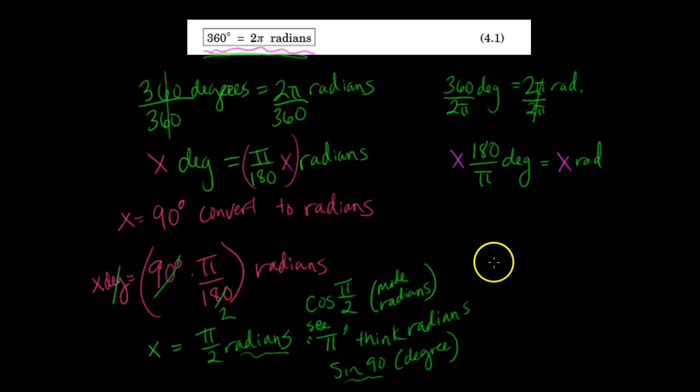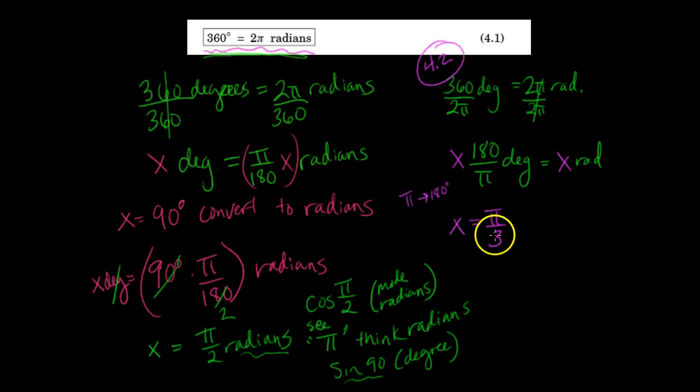If I wanted to convert something, let's do a different one. Let's do pi over 3, and you can guess what a third is. If you know that pi is 180 degrees, just think about that. What is a third of 180 degrees? That would give you your answer too. But we'll just do it using the formula, formula 4.2 that we are deriving.